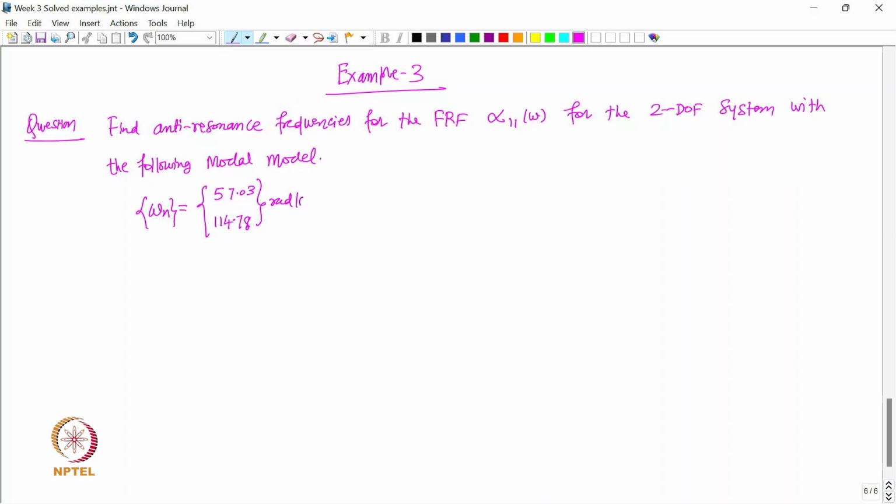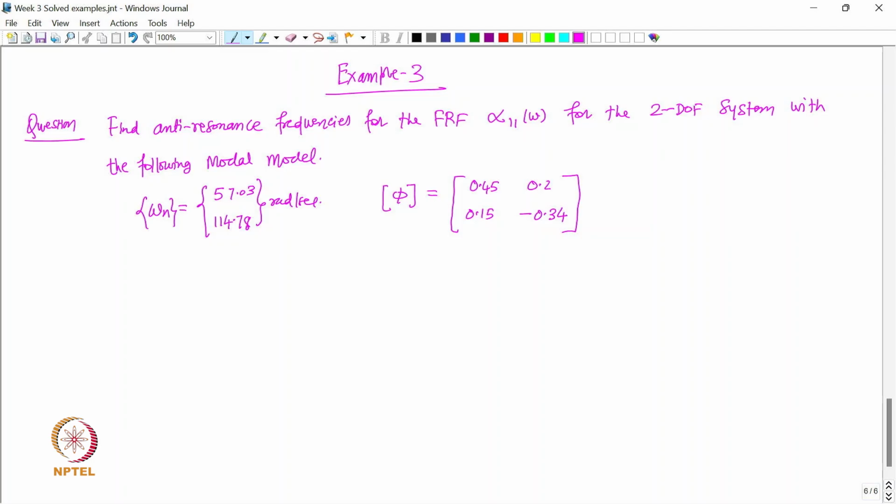So, these are the two natural frequencies, and the corresponding mode shapes, these are mass normalized mode shapes, are given as 0.45, 0.15, 0.2 and minus 0.34, right.